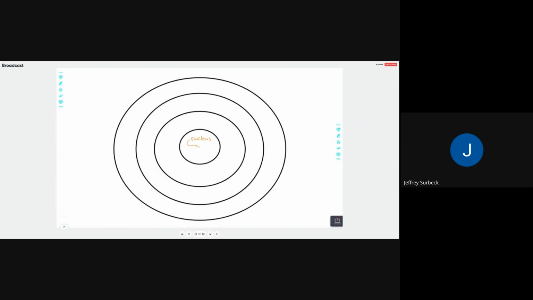Now, as we go out, we're going to have the first, second, and third energy levels, which can also be labeled as the orbits, okay? So orbits and energy levels can be interchanged here, and I want to make this point of emphasis, okay? So, I'm going to label this, again, the first ring is the first energy level.